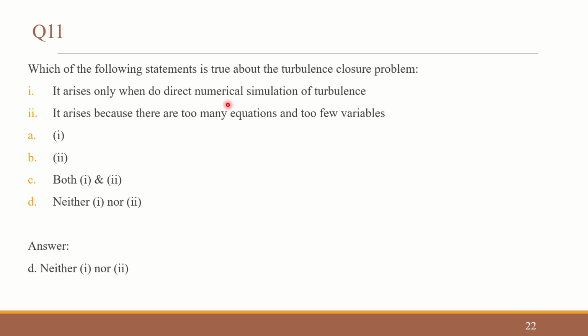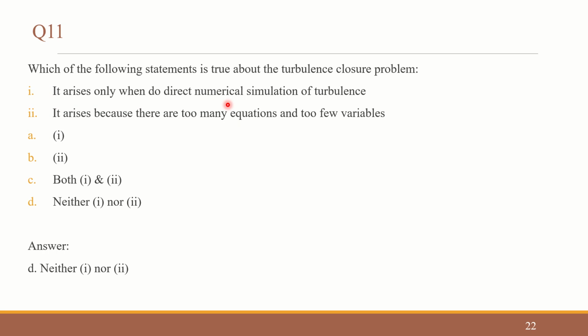In fact, when we do DNS, we don't have the need for closure problems. Second, it arises because there are too many equations and too few variables. The reverse is true: we have too many variables and too few equations. So we go with turbulence closure to get values for certain variables.